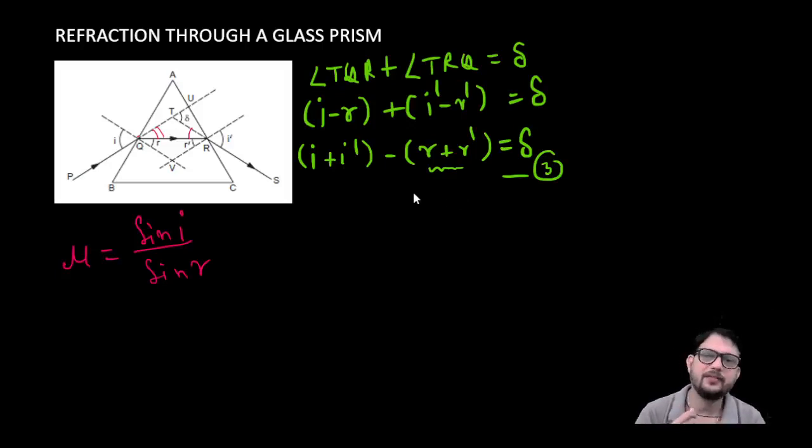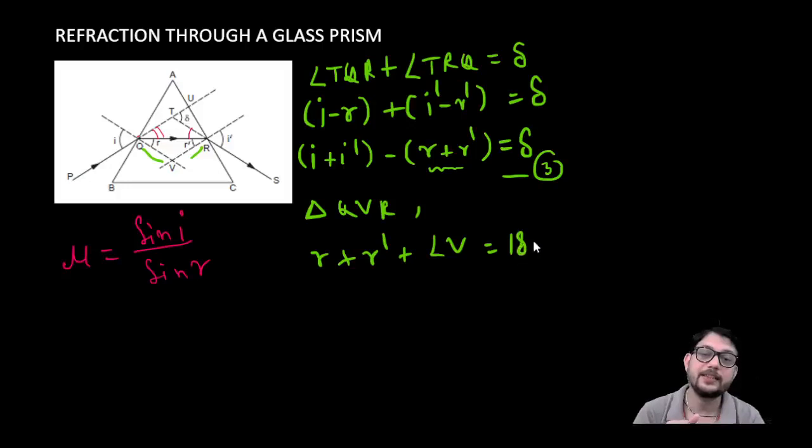If we take the triangle QVR, this one, then we can write that r plus r dash plus angle V is 180 degrees, because the sum of the three angles in any triangle is always 180 degrees. So r plus r dash must be 180 minus angle V.